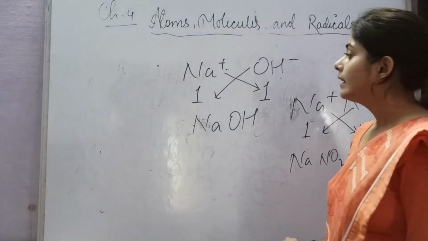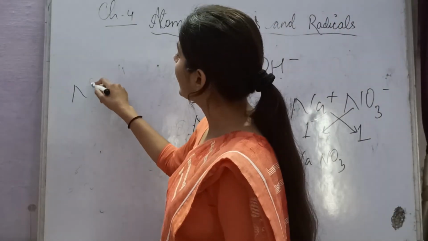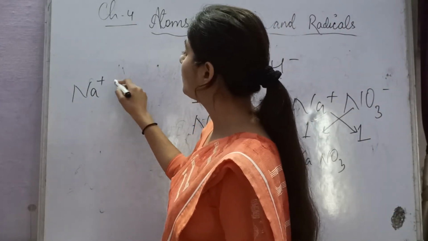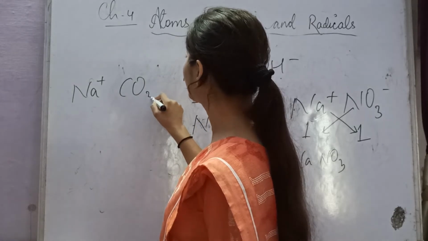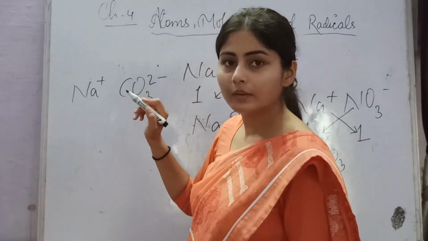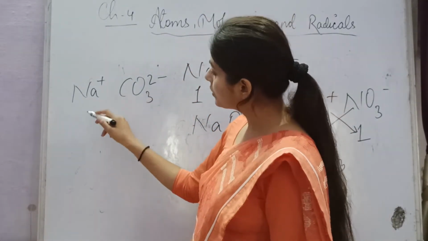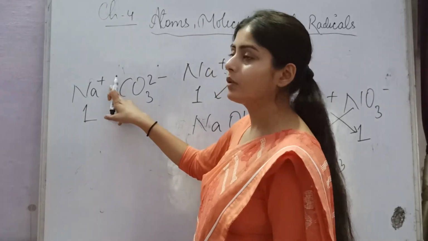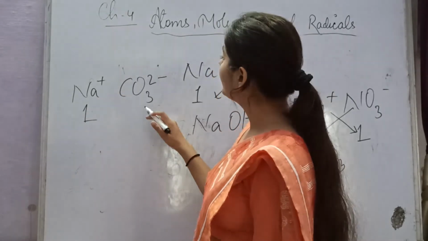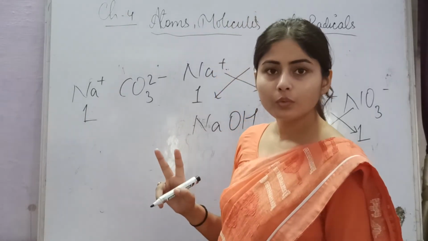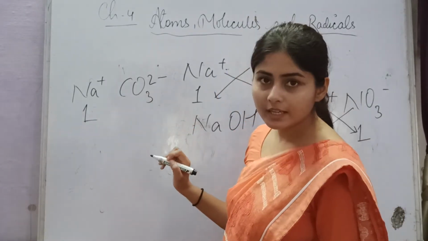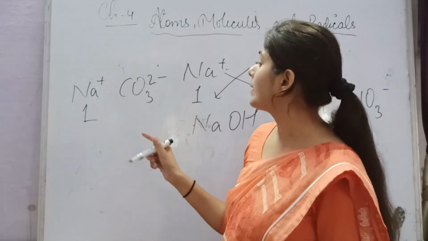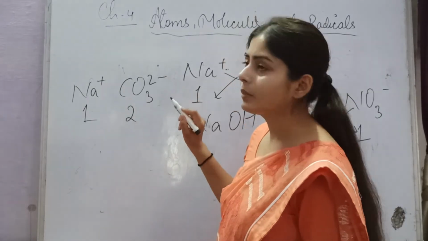Okay. Let's see sodium carbonate. Na is having one positive charge and carbonate is having 2 negative charges. The valency of sodium is 1 because it carries only one positive charge. The carbonate valency is 2 because it carries 2 negative charges. So ignore the sign and only count the number of charges.